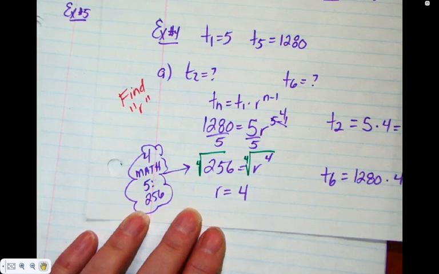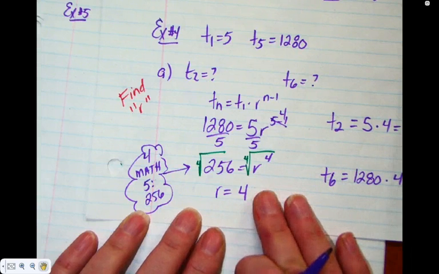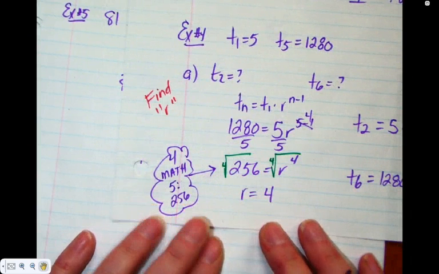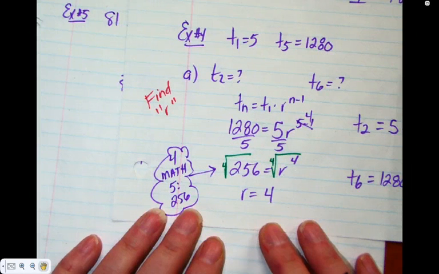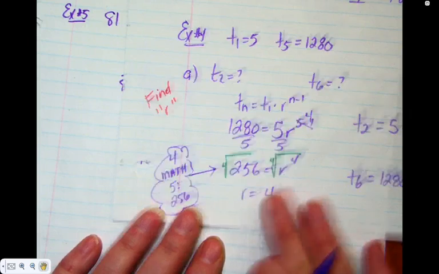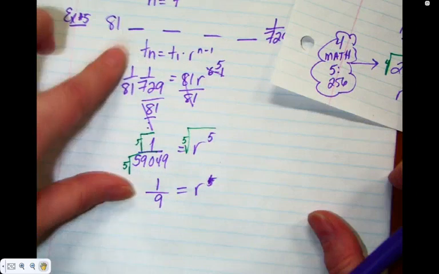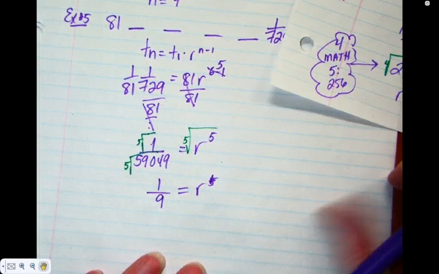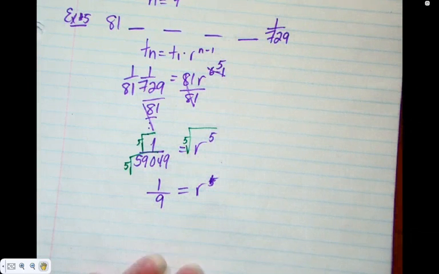Like 4 to the power of 6. I'm on example 4 and you're on example 5. Or you're on example B. I'm on 4a. Oh, okay. Yeah, I'm okay on that one. Okay, do you see how this one's exactly the same, just different numbers? Okay. Everyone else is okay so far?